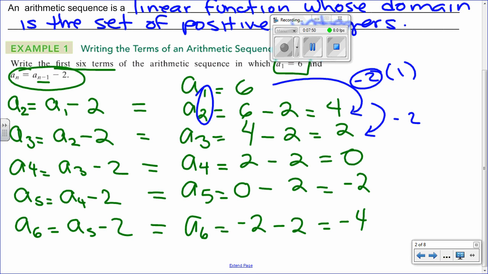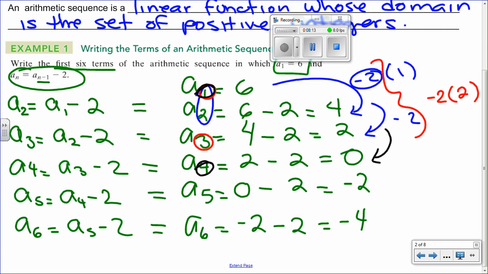But to go from the first to the third term, you subtract the common difference how many times? Twice. And then to go from the first to the fourth, thrice.